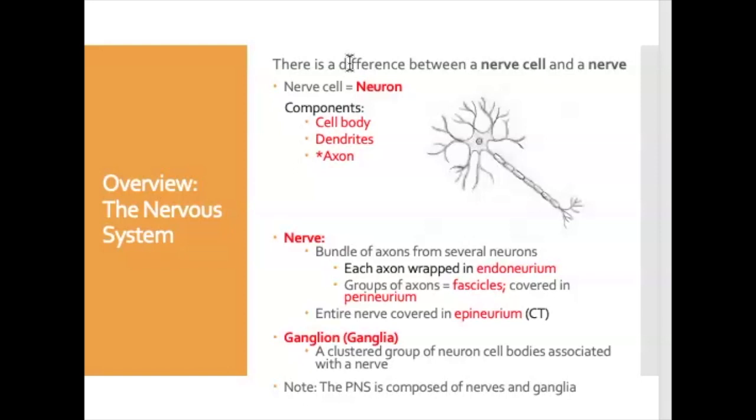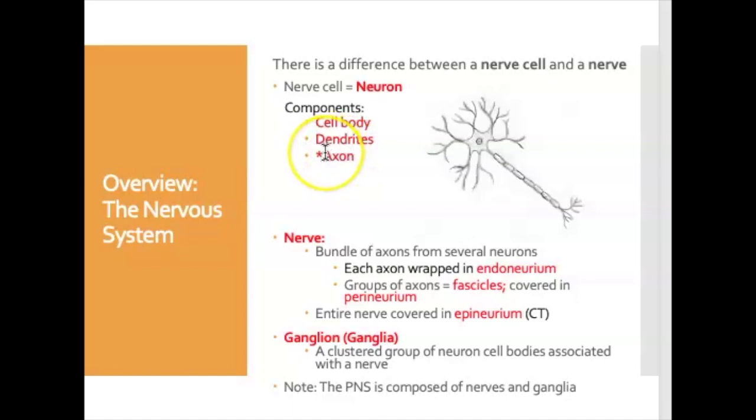The nerve cell, the neuron, can take different forms in the nervous system, but generally speaking, it has three components to it. It has what we call a cell body, it has dendrites, and it has an axon.